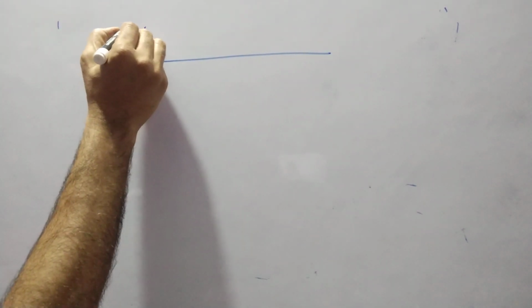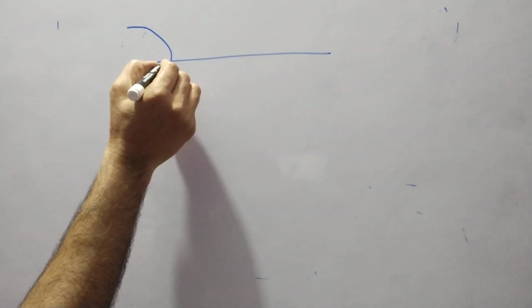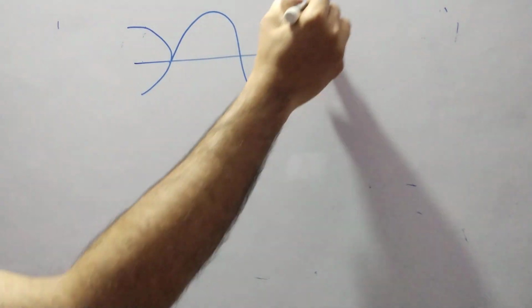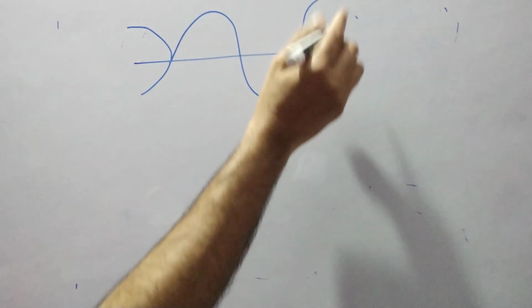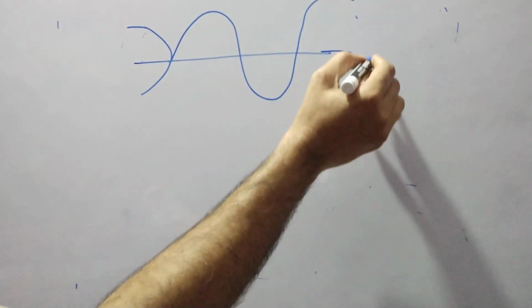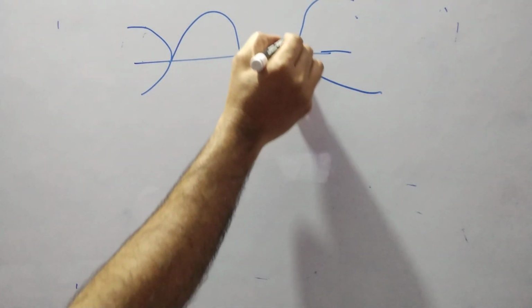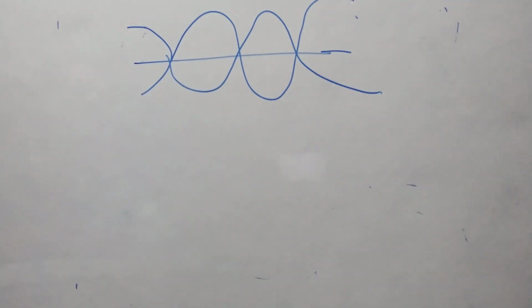When the end is not fixed, this starts with an antinode like this one. When the ends are not fixed, these are antinodes.